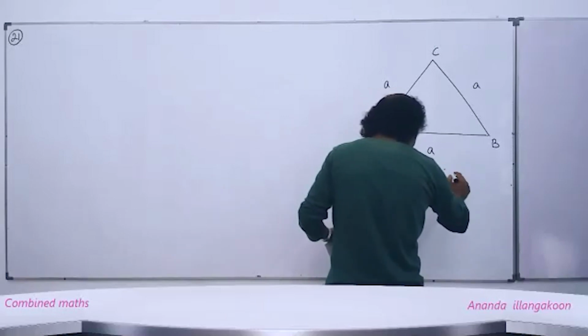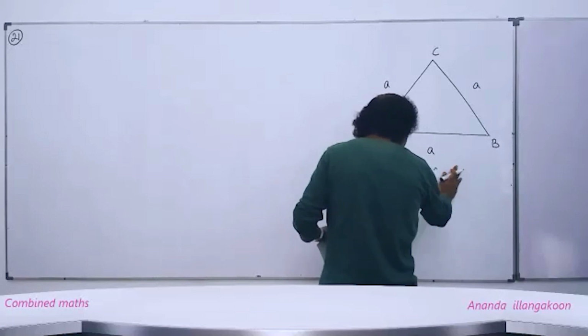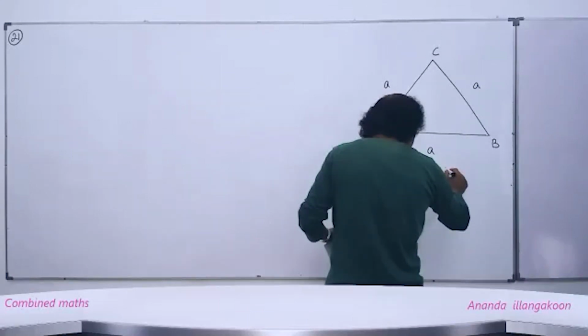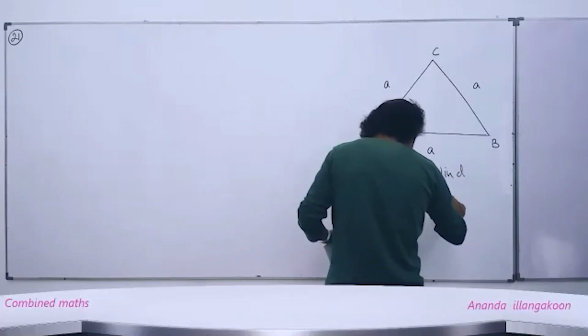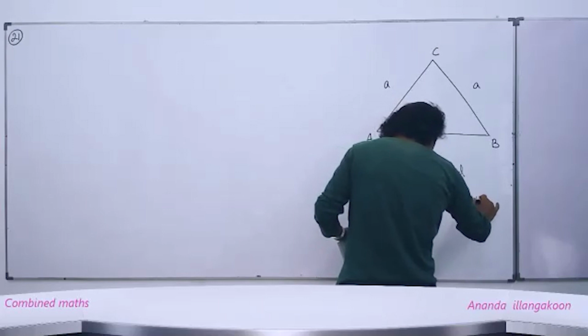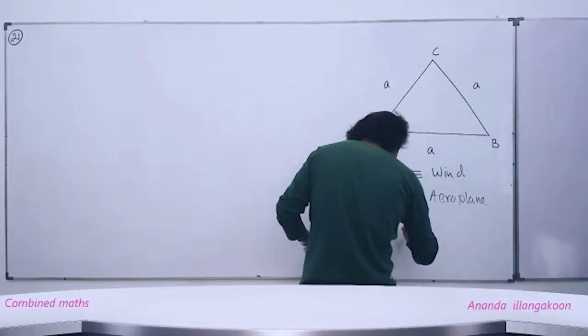Right? W for the wind, and people, A as the aeroplane, and E as the earth.